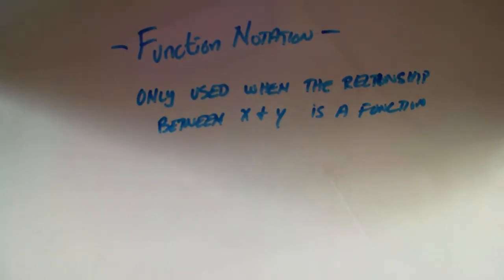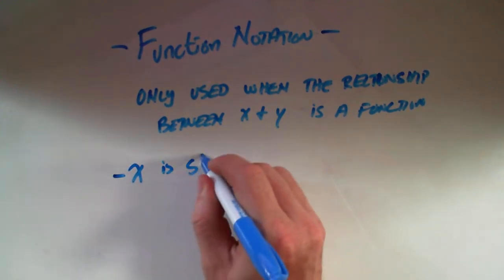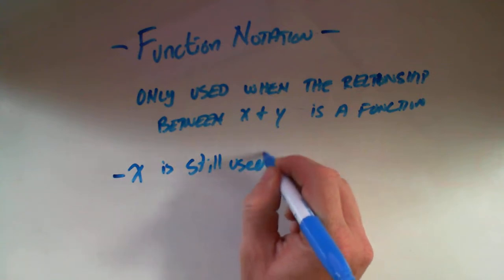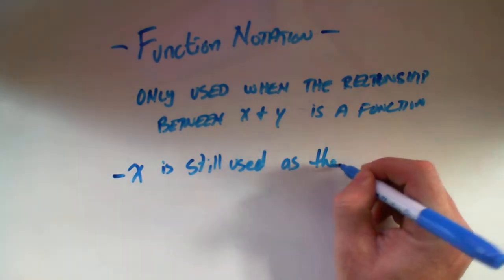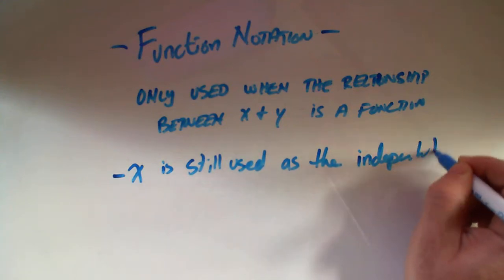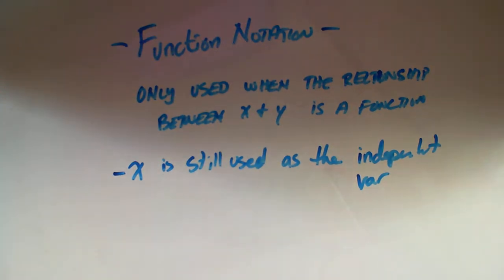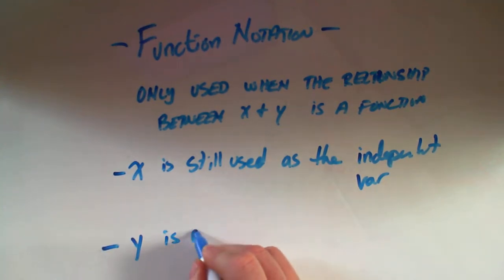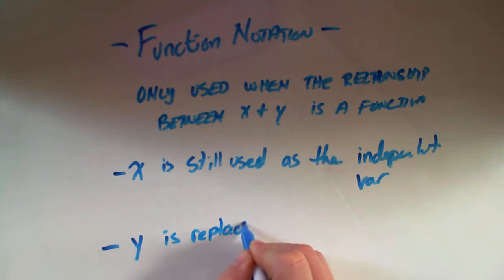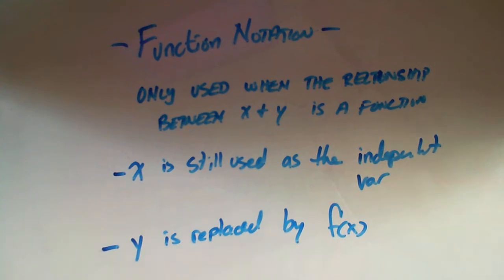The x is still used as the independent variable. But the y is actually replaced with an f of x. So y is replaced by this.